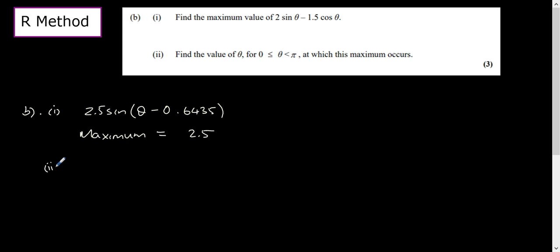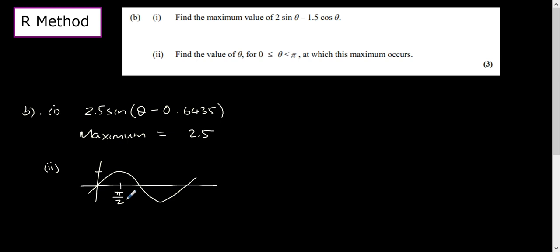So then we have find the value of theta at which this maximum occurs. Now, if you think about the sine curve, which is what we're working with after all, where does the maximum generally occur? It occurs at pi over 2 radians. So this is where our 2.5, if you like, would occur. Where does it now occur? Well, we've moved this graph to the right by 0.6435 radians.